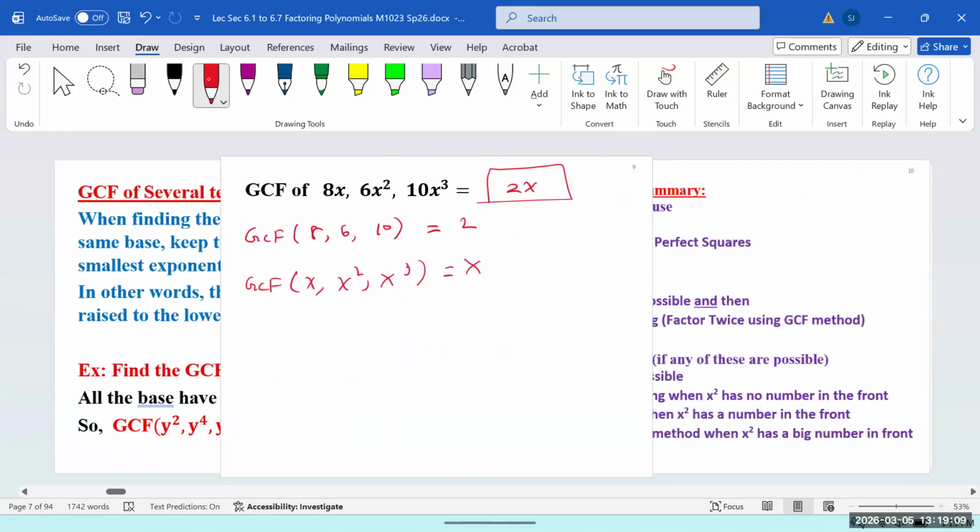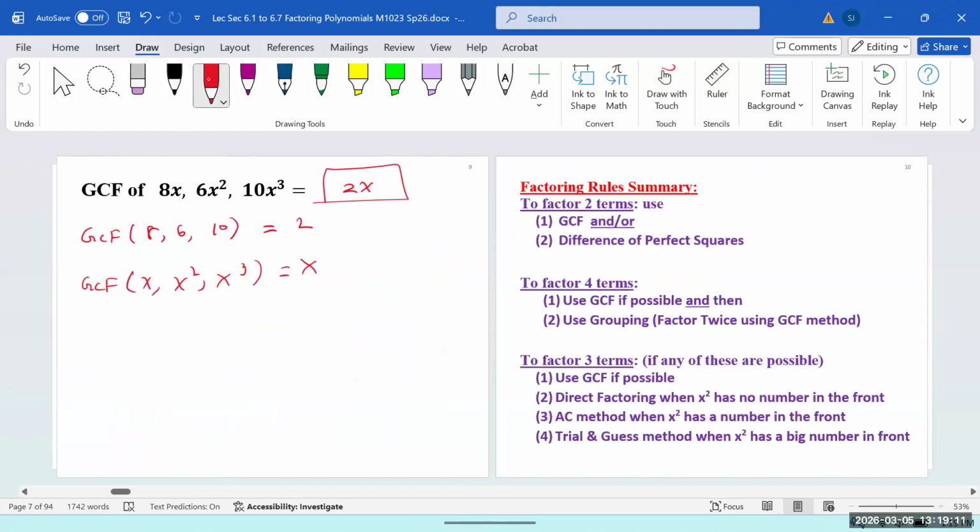Okay. So next. Now comes the real factoring for this section, for this chapter. In this class, we are going to do 3 types of factoring. One is factoring 2 terms, factoring 4 terms, or factoring 3 terms.